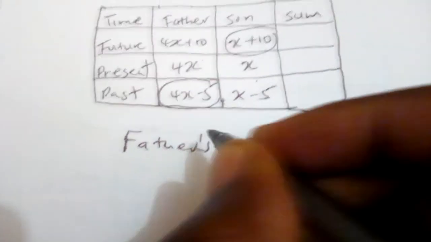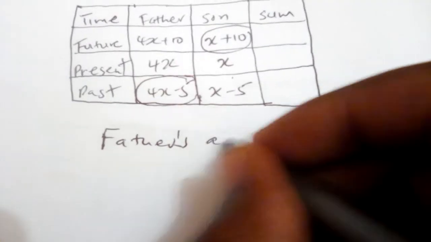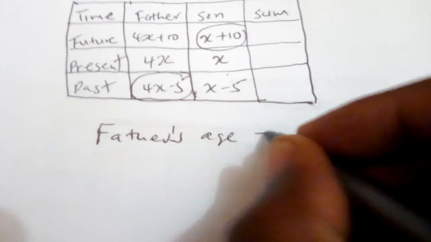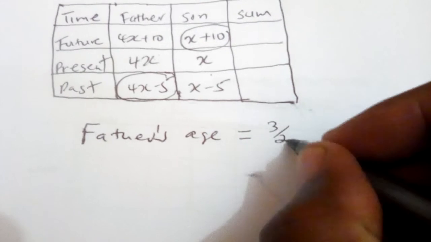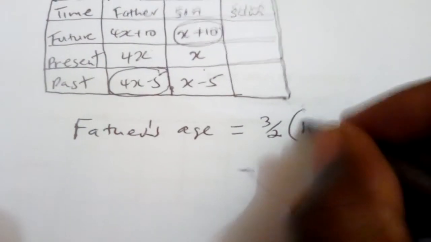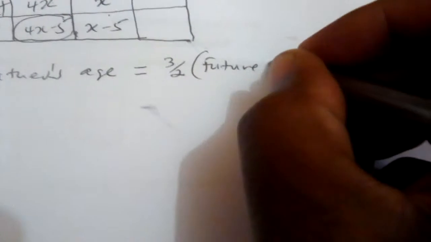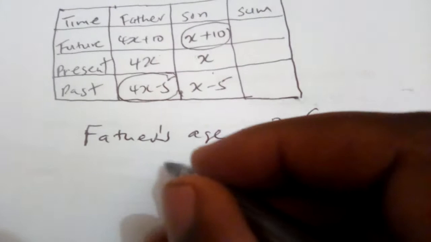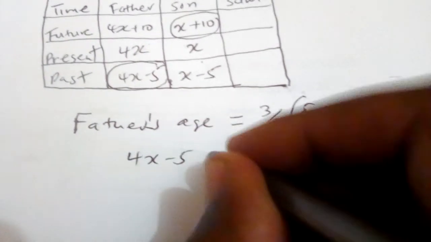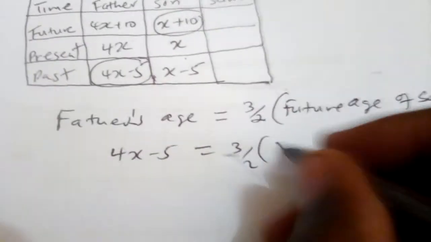And so we are told that the father's age in the past, that is 5 years ago, is equal to 1.5 times, that is 3/2, of the future age of the son, that is x plus 10, right? And that is what is going to help us to solve for the value of x. So we say 4x minus 5 is 3/2 times (x plus 10).